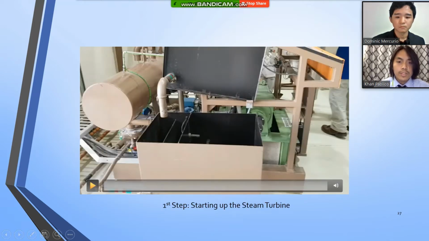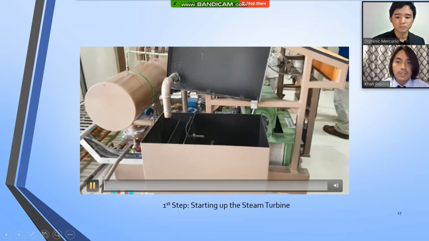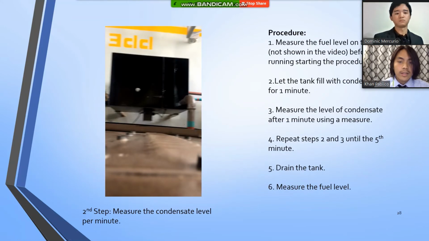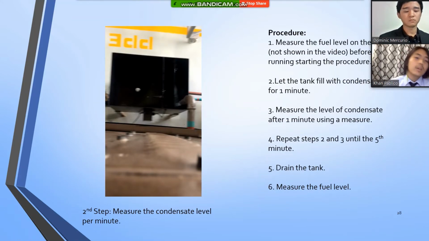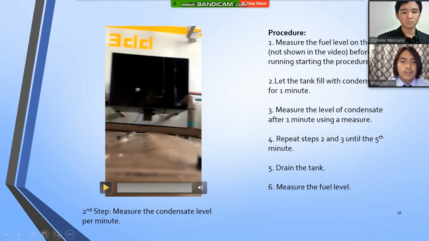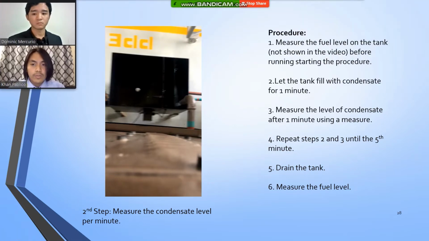In order for this to happen, we would have to start the steam turbine to start collecting all the condensate into the tank. The next step is to measure all the water that is entering the tank. First, we measured the fuel level before starting the steam turbine, and it's not shown in the video.